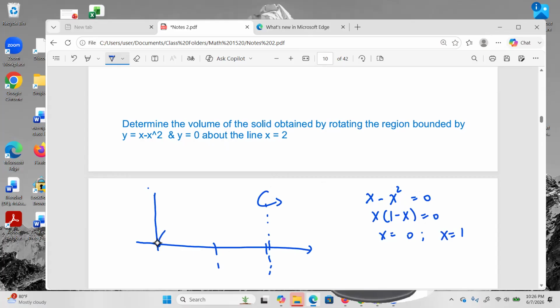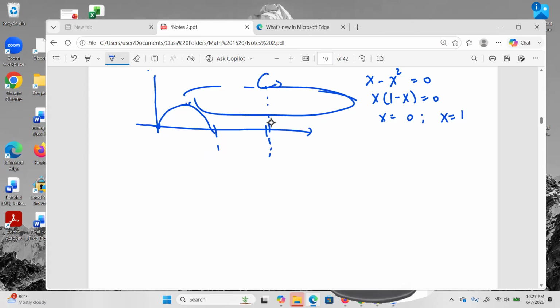Okay, so we pretty much have a parabola that's looking like this, and we're rotating the shape all the way around the x equals 2 line. Something like this. All right, so this is obviously a method of shells. So what we're going to do is say we need the volume from 0 to 1, because that's the distance that we have here, times my radius.